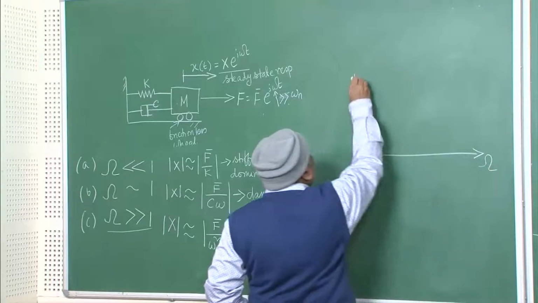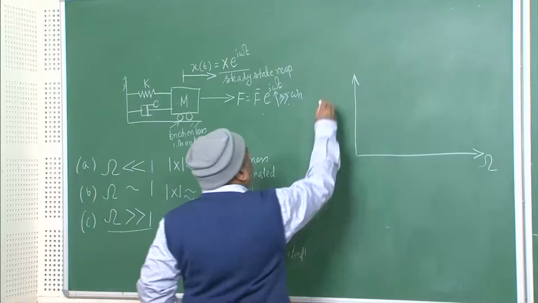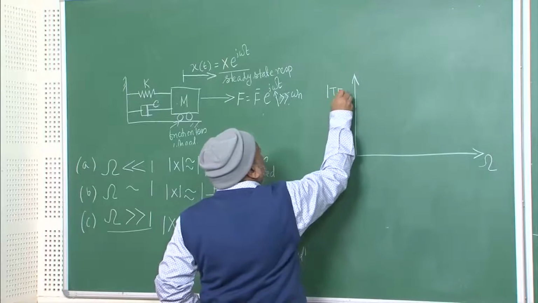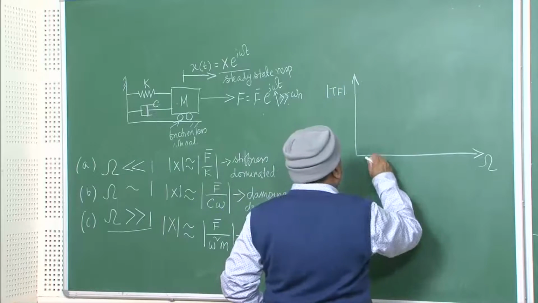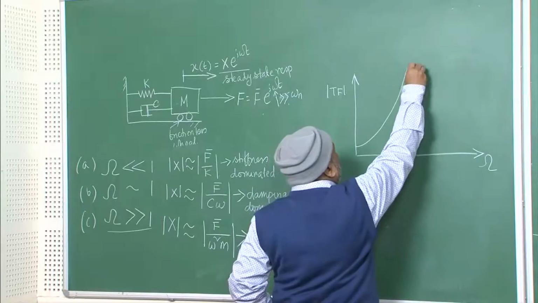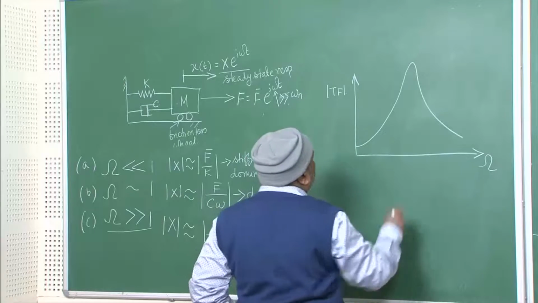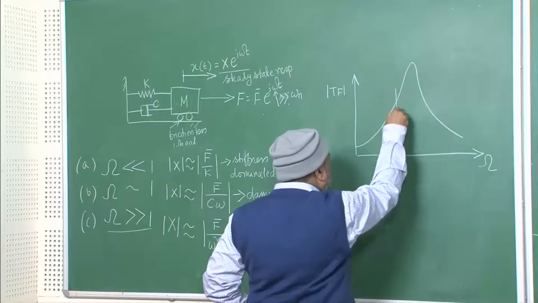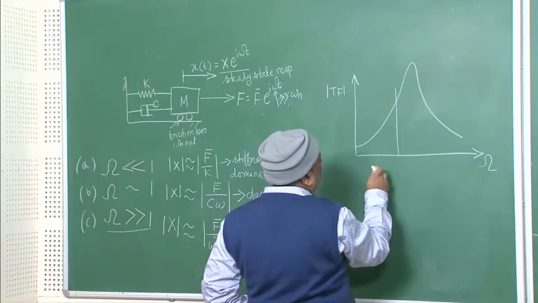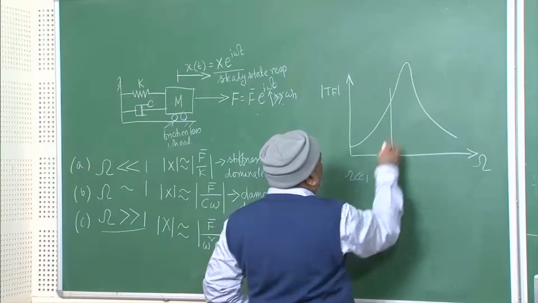If I plot omega with respect to the transfer function of the system, these representations will take up the form like this, in which there is a part up to which this excitation frequency omega can be considered to be much less than unity.